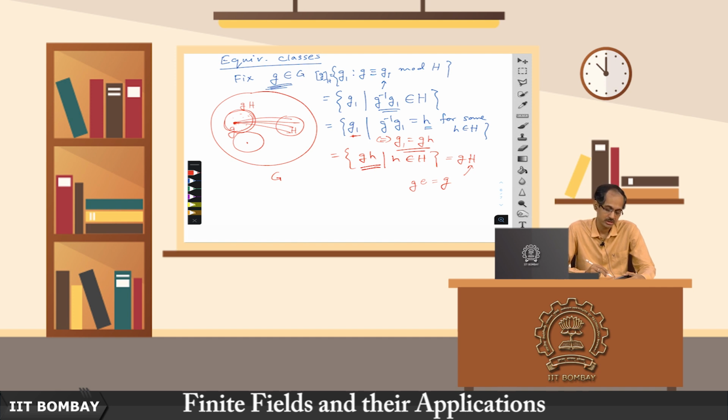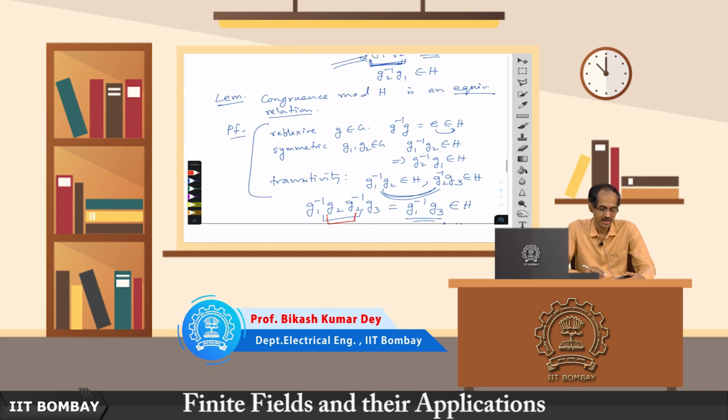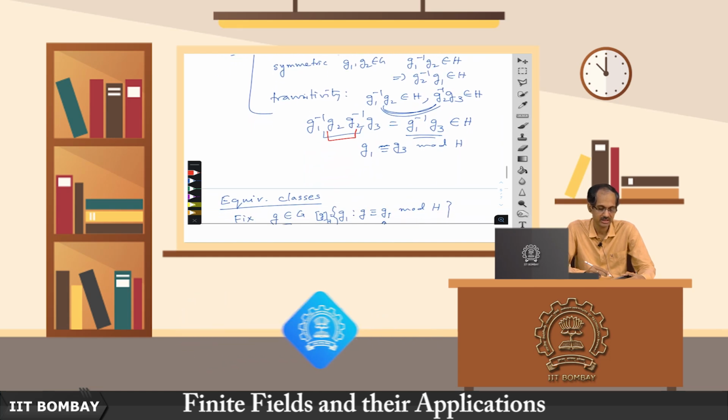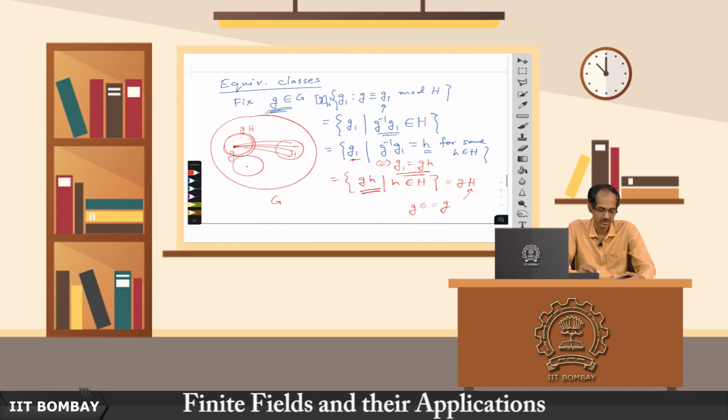So, these are disjoint sets whose union is the whole set G, and these are exactly the left cosets. So, what we have done now is that we have seen that left cosets can be seen as equivalence classes under this operation, congruence modulo H. They partition the whole group.